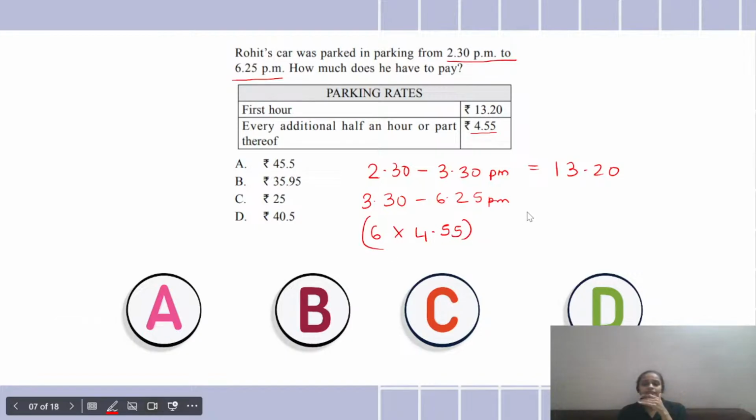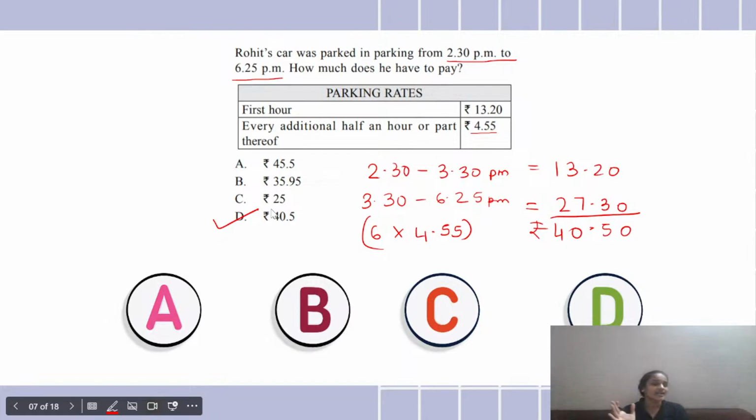And finally, what do you get? That gives me 27.30, which finally equals 40.50. And option D is absolutely right, Banishika.